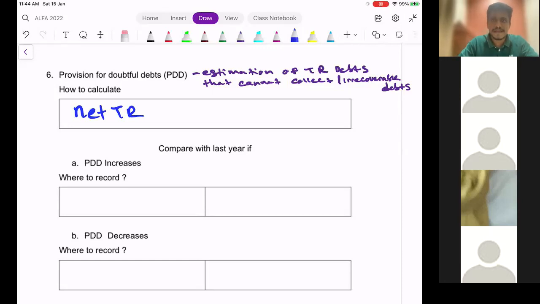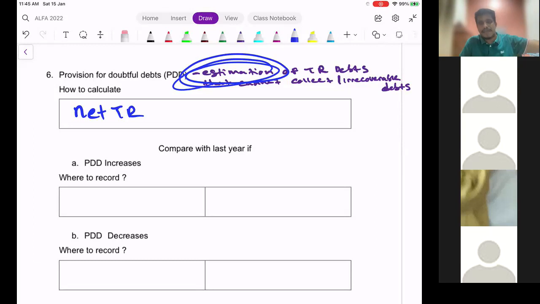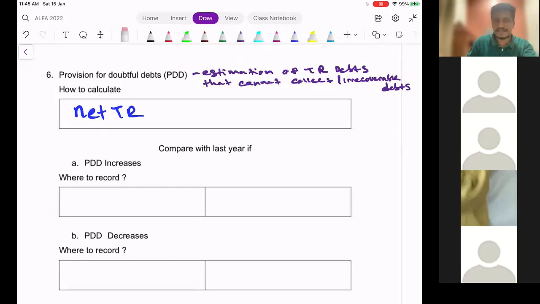Okay, from that net trade receivable, because it's an estimation of the PDD, right? If the guy is definitely not going to pay, you no need to estimate. Just exclude the guy. The guy is a loss. So this one is the one that will pay, but you still have a doubt.